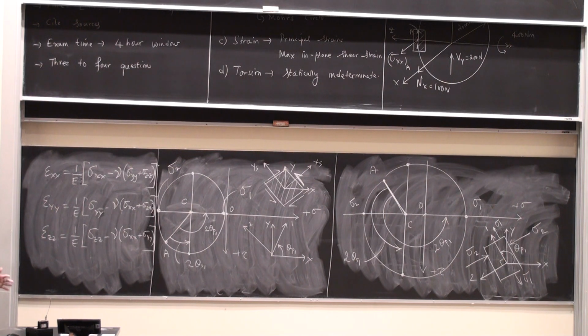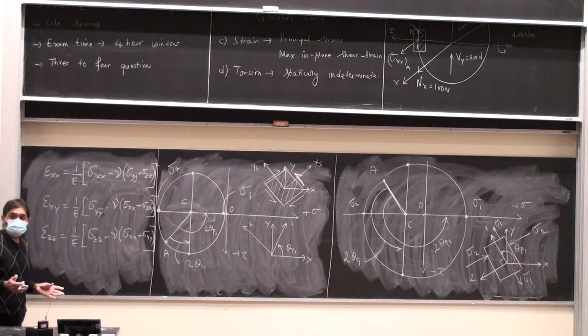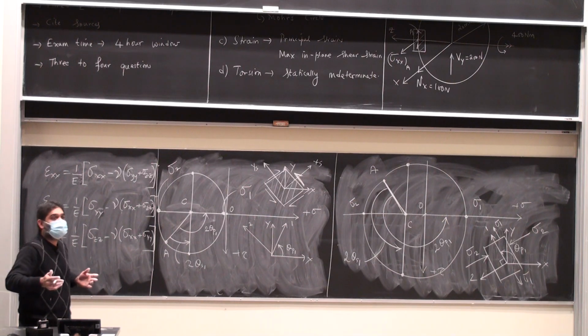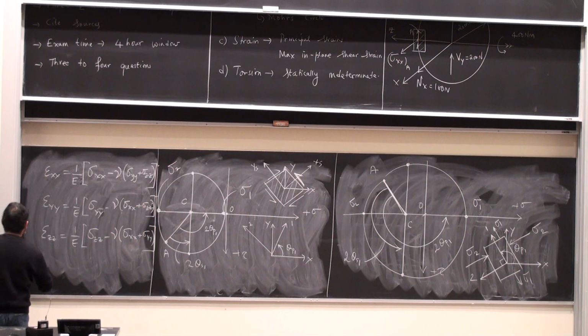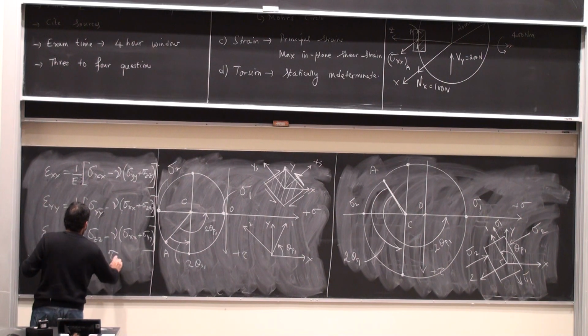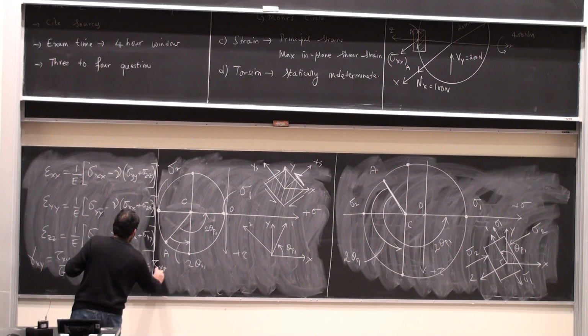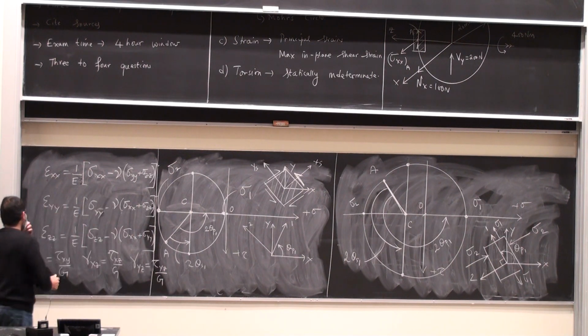The shear strains, they are all unrelated to each other, so gamma xy is caused only by tau xy. Does not affect gamma xz or yz. I'm going to have gamma xy is tau xy by the modulus of rigidity G, gamma xz is tau xz by G, gamma yz is tau yz by G.